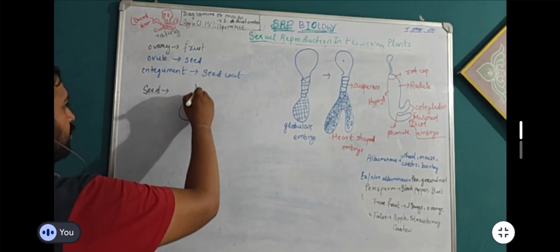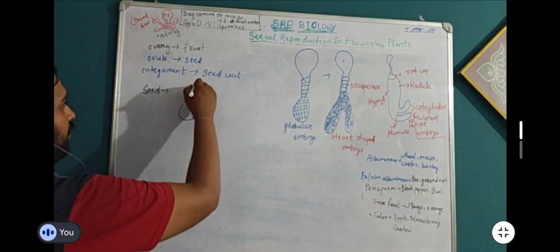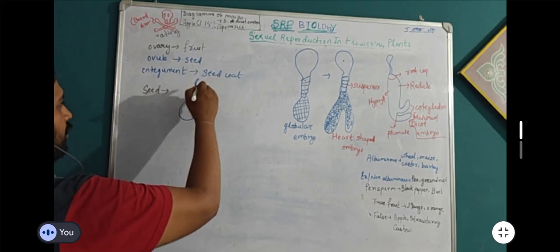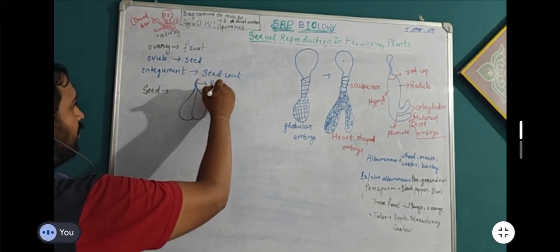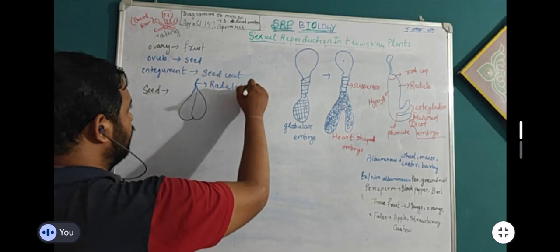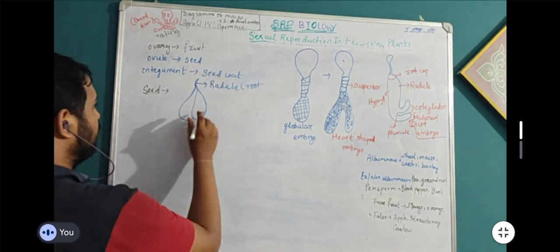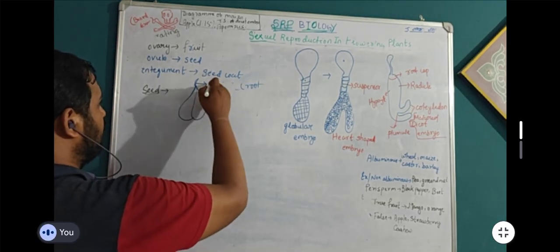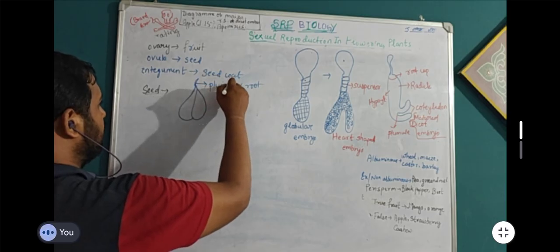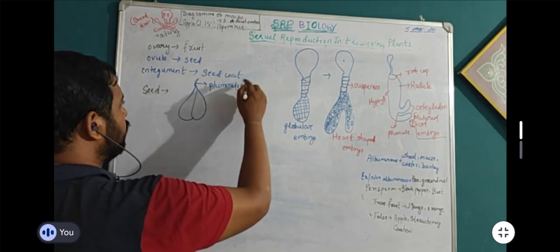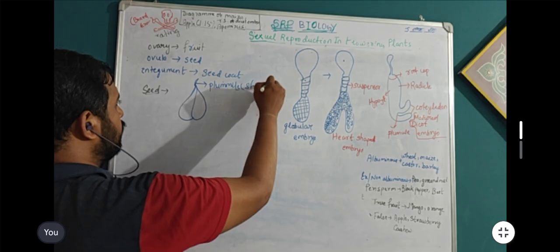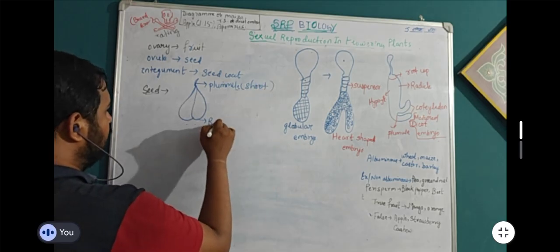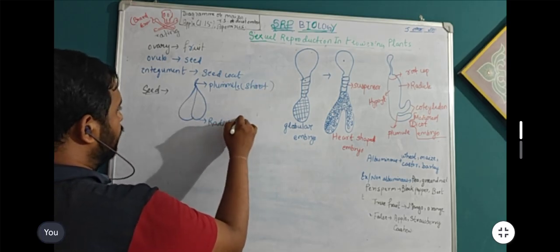Here this part is called what? This part is called radicle, which later on grows into root. Sorry, this part is plumule, which develops into shoot. And this part is called radicle, which develops into root.